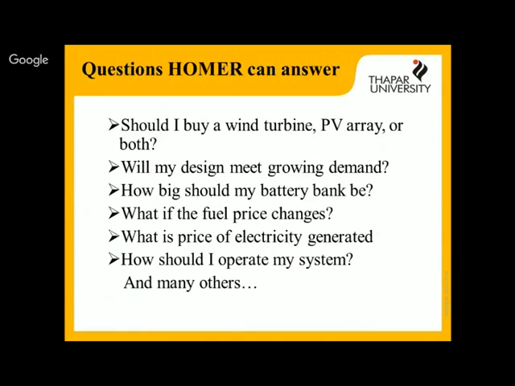So will my design meet growing demand? Whatever demand I have, say I have to meet total demand by renewable sources. And in a standalone system, the drawback I must say is that sometimes we cannot meet all demand, because suppose I put a 5 kilowatt panel somewhere, the output varies with respect to time.